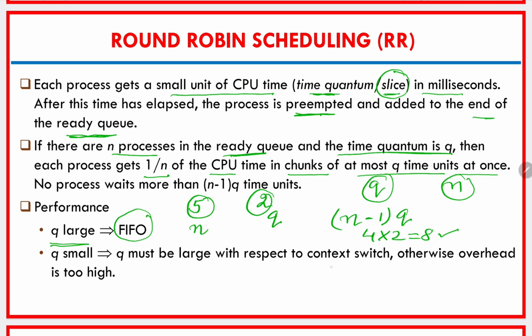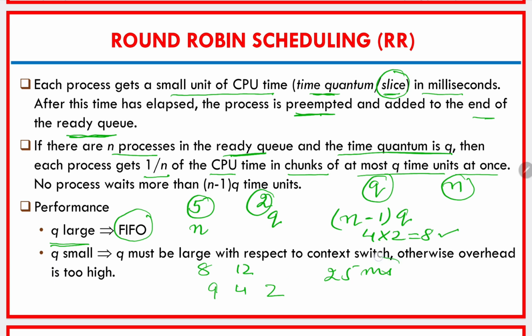For example, let's suppose the time quantum set is 25 milliseconds, and we have processes in the system. One needs only 8 milliseconds, the second requires 12 milliseconds, the third requires 9 milliseconds, the fourth requires 4 milliseconds, the fifth requires 2 milliseconds.